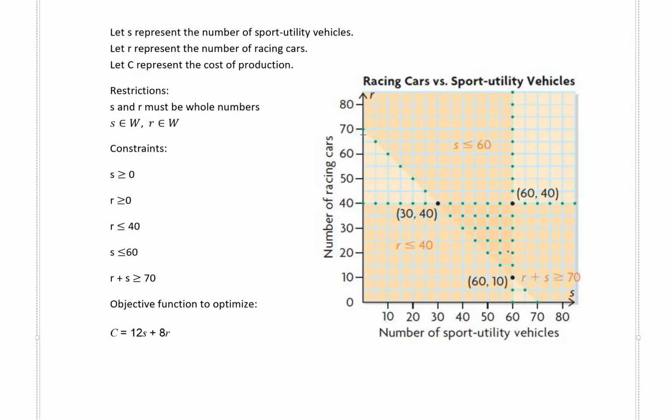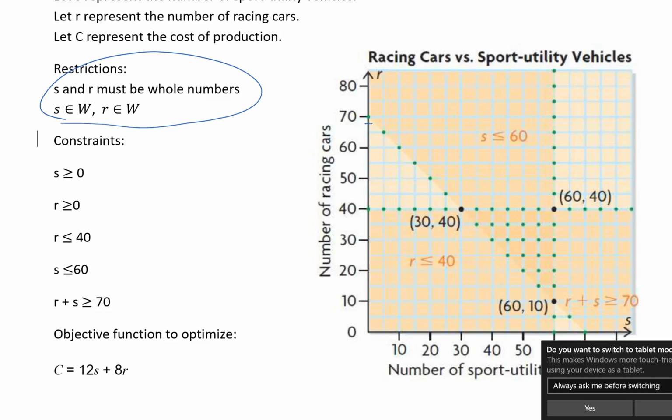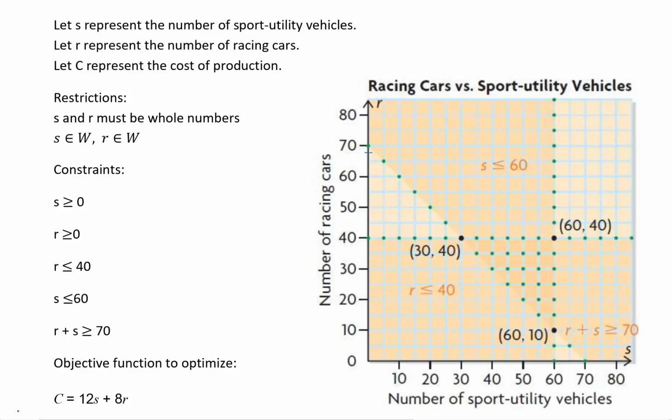Looking here, our restrictions are written a little differently than what we're used to. What does this mean? S belongs to the whole number set and R belongs to the whole number set. In other words, our variables are going to be whole numbers and our data is discrete. Down here are our restrictions.